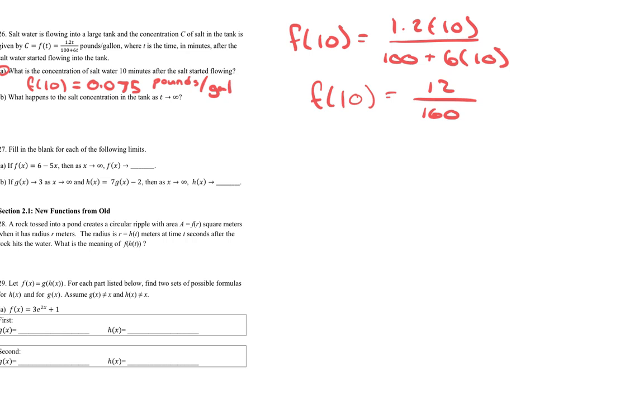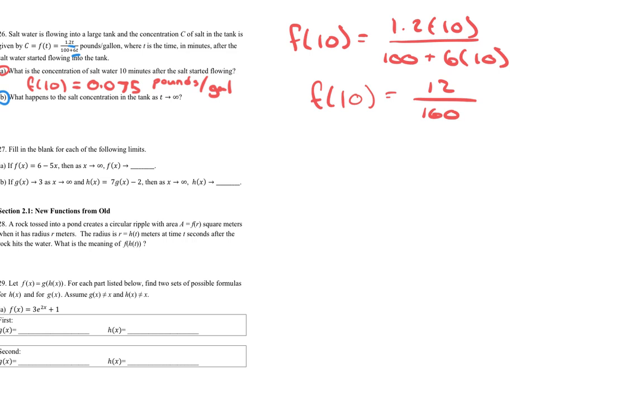Okay, and for 26b, what happens to the salt concentration in the tank as T approaches infinity? So what we can do here is take the limit as T goes to infinity, and if we look here, we have T to the first power in the numerator and the denominator as our highest degree.